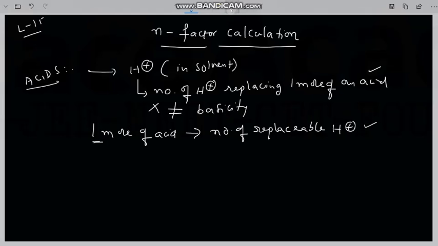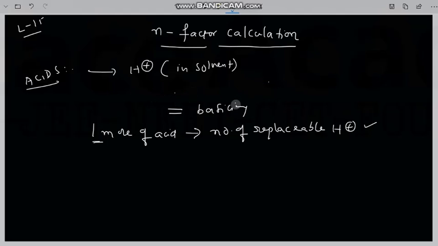So now we are clear what the meaning of n factor is. N factor is nothing but, in a given acid, how many H+ ions are replaceable if 1 mole of acid is given to us in a chemical reaction.